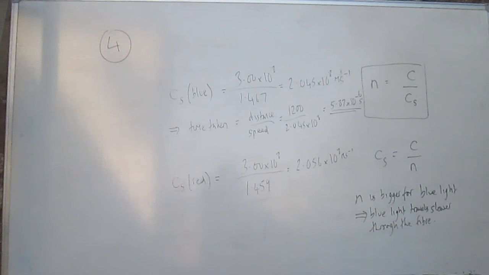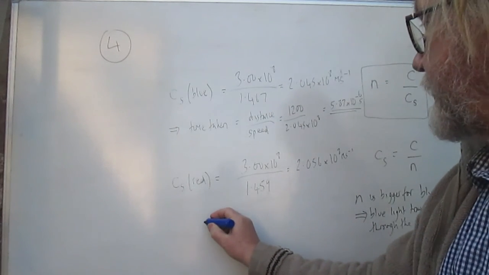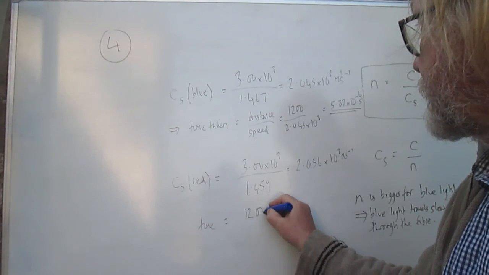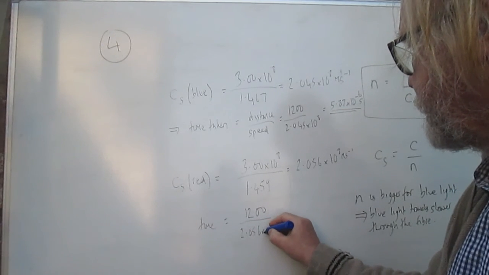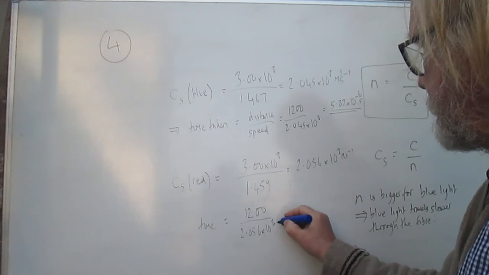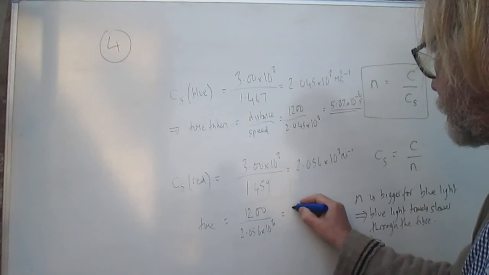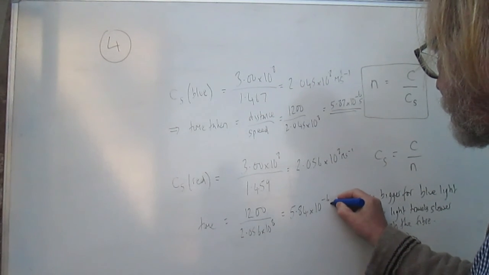So that's how long it will take for blue light to pass from one end of the fibre to the other. If we do the same thing for red light, the time is 1200 over 2.056 times 10 to the 8 meters per second, which comes to 5.84 times 10 to the minus 6 seconds.